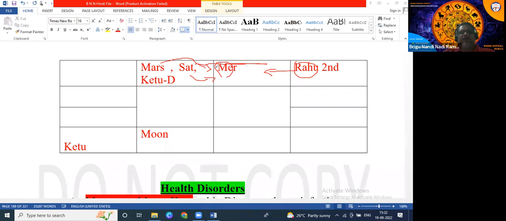But Mercury, or whatever planet it may be, if it is hammered in between two enemies, here Mars and Rahu are enemies, so they are fighting. So if anybody is hammered in between two fighting planets, then the planet becomes zero. Its strength will become zero.